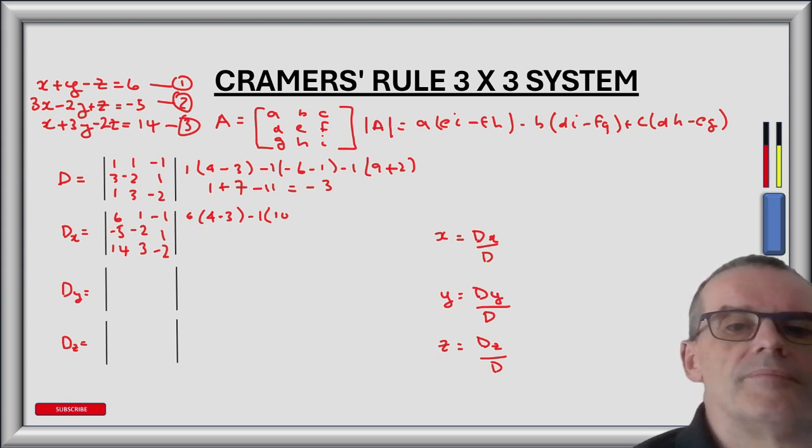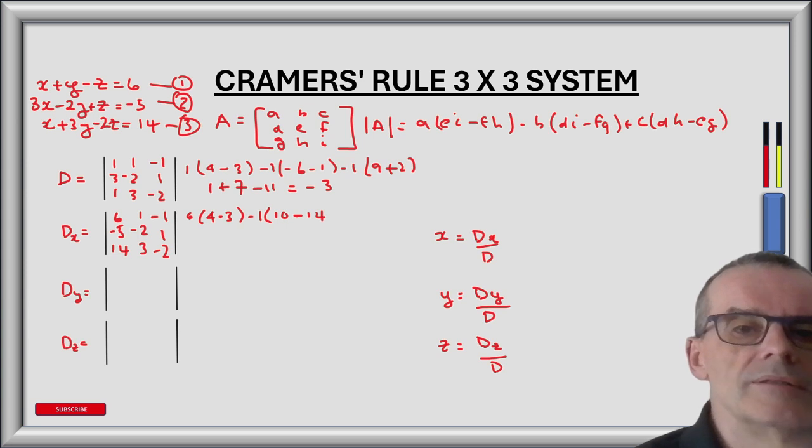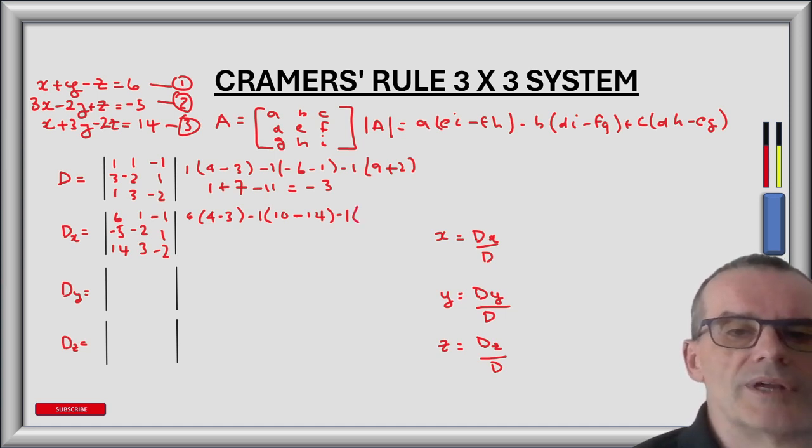And we have, sorry, 1 multiplied by 14, and it's a negative 1 times 14, so that becomes minus 14. And then we have minus 1 times, and it's minus 5 times 3, which is minus 15, and we have a minus, and then a minus 2 times 14. That becomes a plus 28.